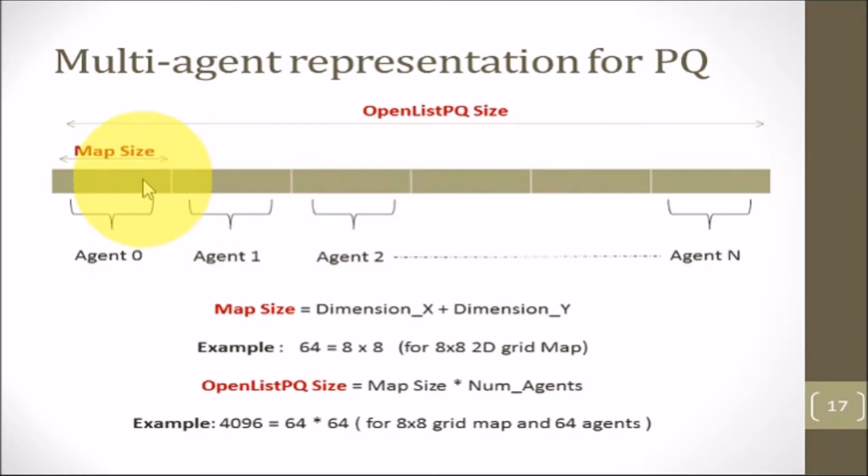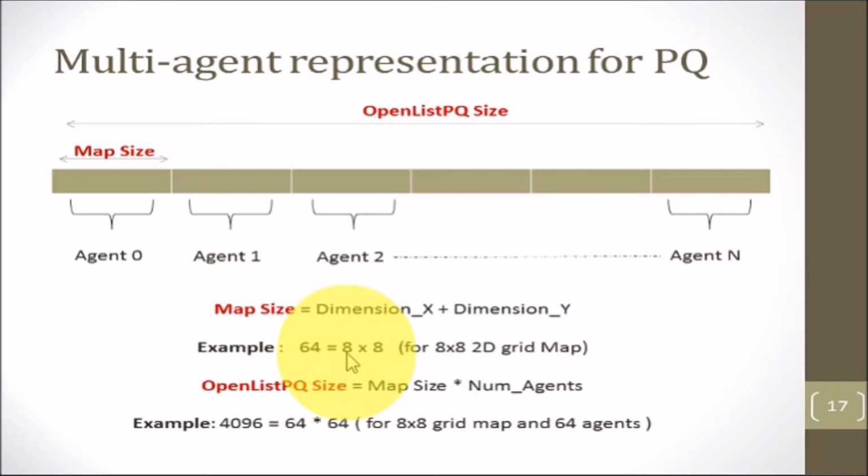The priority queue size is equal to the map size, which is our 2D grid map representation. So let's say for an 8 by 8 2D grid map, the map size will be 64.